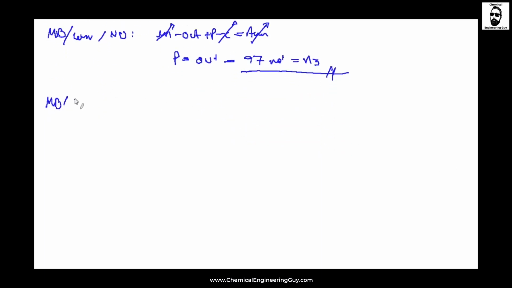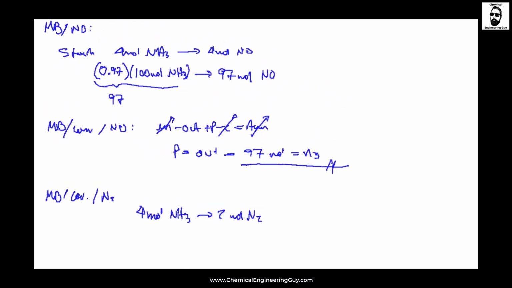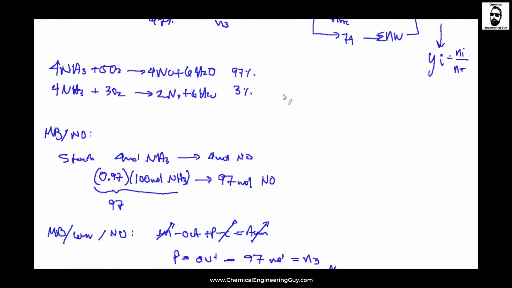Mass balance on the converter for N2, which is nitrogen. 3 moles of NH3 will give you 2 moles of N2. Let me go up. What are we doing? We are analyzing these 3% now.